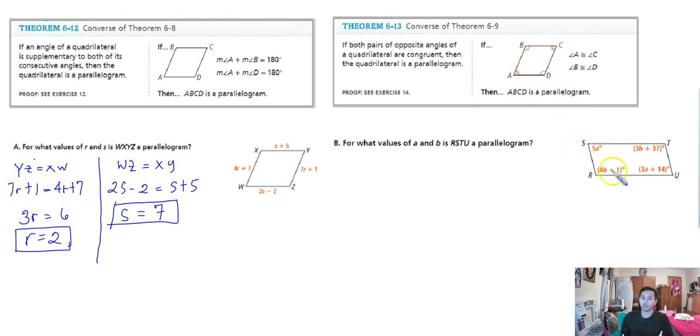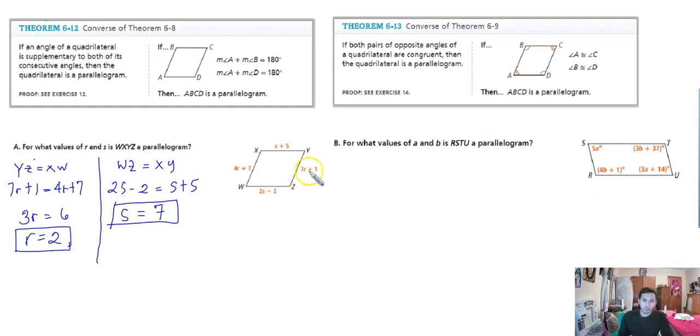Now let's take a look at this one. If this is a parallelogram, what are the values of A and B in parallelogram RSTU? Maybe I can start with angle S and angle U. So let's start with that.